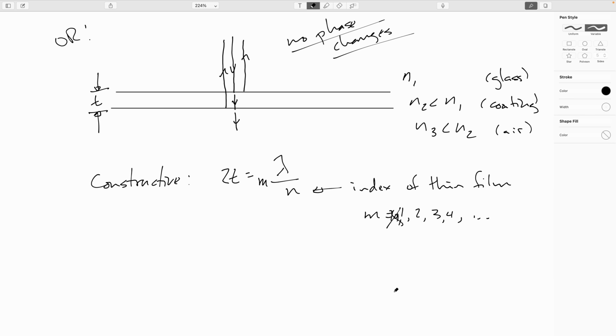Now, if I want destructive interference, so if I don't want the light to reflect back, but instead pass on through, which if you're designing a camera lens is exactly what you want. A pretty substantial chunk of light reflects backwards away from the sensor in a camera every time the light hits either surface of a lens.